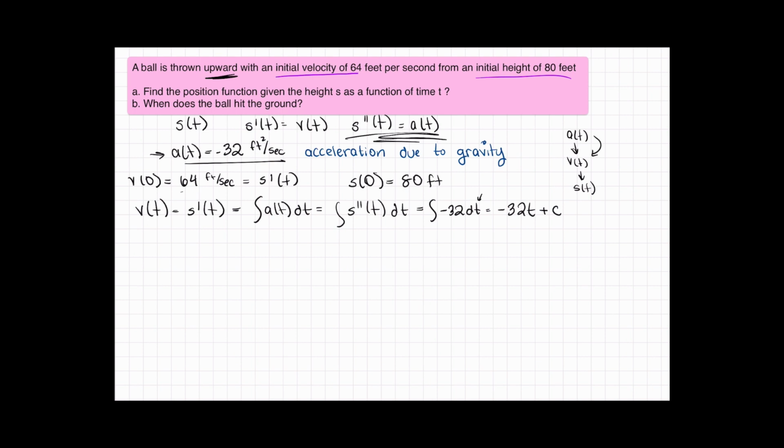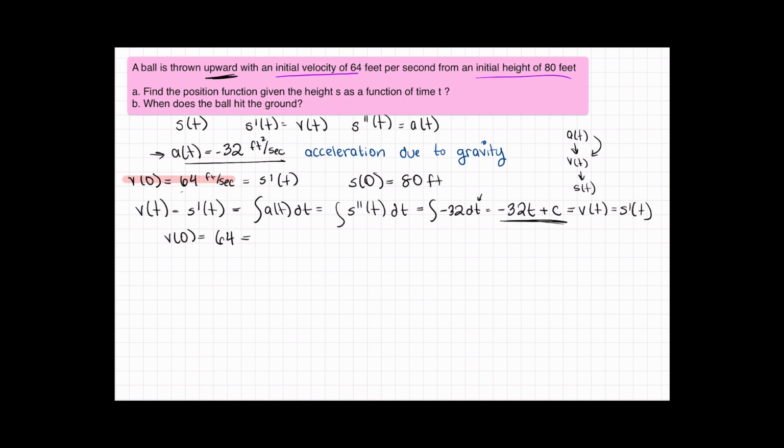But again, we don't really want to work with c's. If possible, we want to be working with actual numbers. Luckily, we were given an initial condition in order to resolve the c into an actual number. We know, as denoted right here, the initial condition of the velocity: v of 0 is equal to 64. And this is also v of t.